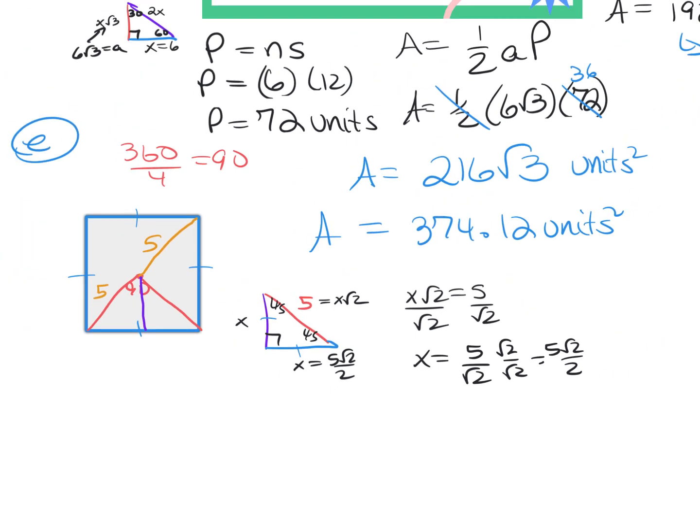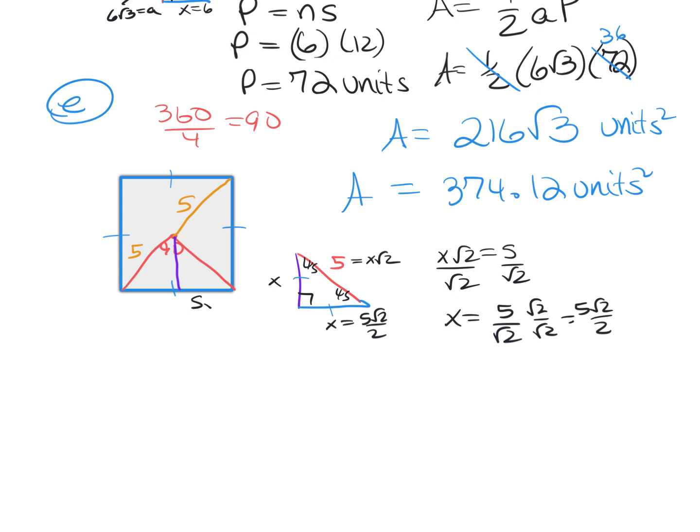Because remember, what's happened here is this side is 5 square root 2 over 2, and this little piece over here is 5 square root 2 over 2. I need to add these. Once I add these, I end up getting 10 square root 2 over 2, which simplifies to 5 square root 2.